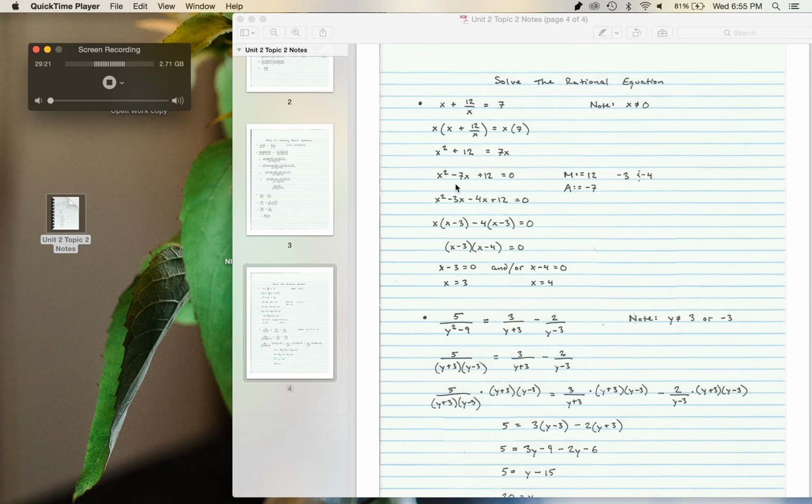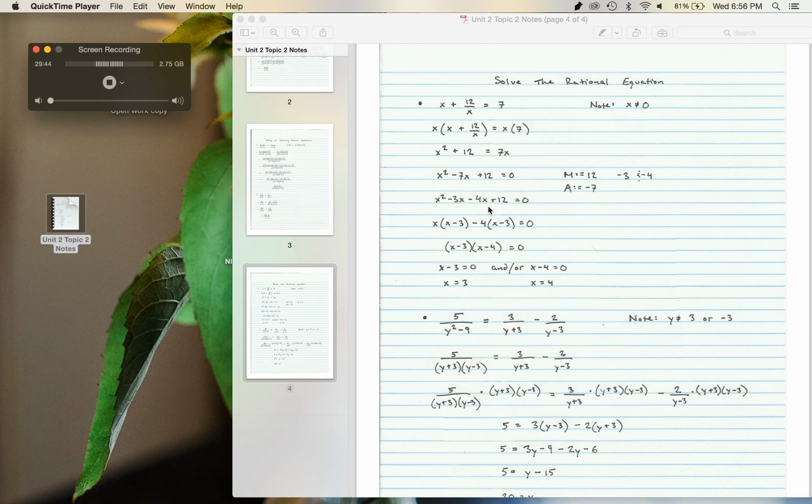So I'm going to rewrite this equation here, carrying everything down, except I'm going to replace the -7x with -3x minus 4x. Here is my new polynomial with 4 terms. I'm going to factor by grouping. The first two terms have a common factor of x. When I pull out the x, I'm left with x minus 3.